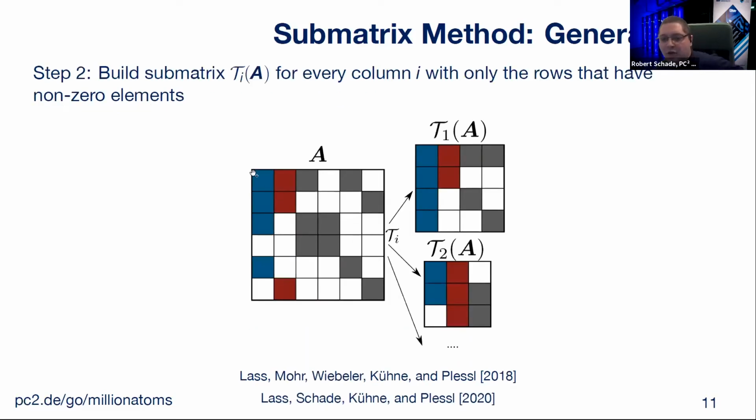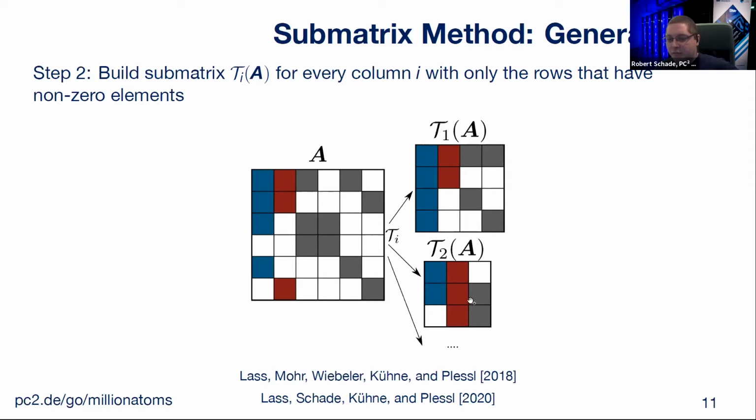In the next step, we create for every column the so-called submatrices that we call T_i, so submatrix 1 of the matrix A. For the first column, this is created by removing all rows and their corresponding columns where we have zero entries. That means we remove the fourth row and column and the sixth row and column. We end up with a 4x4 submatrix, which is obviously smaller than the original matrix and denser than the original matrix.